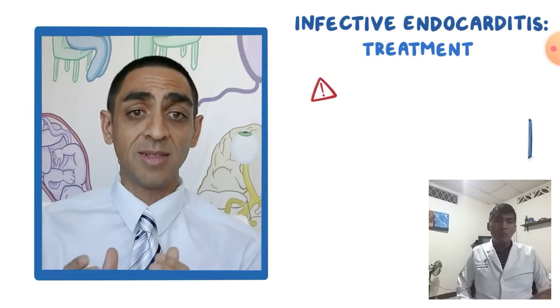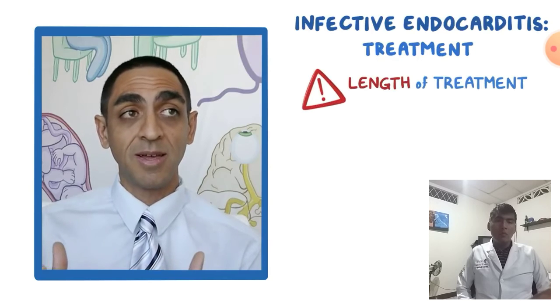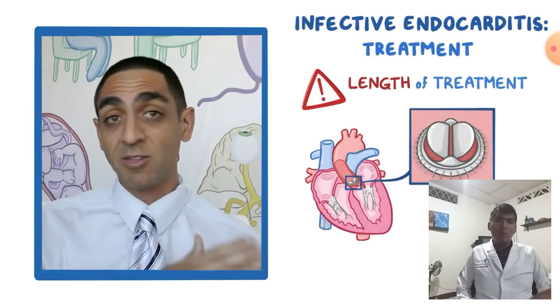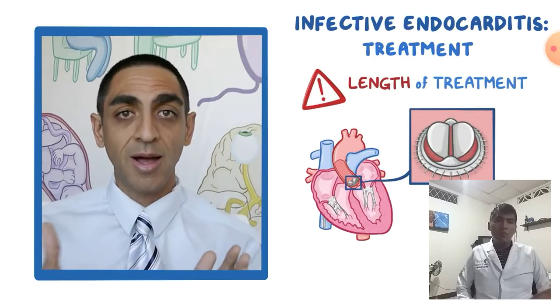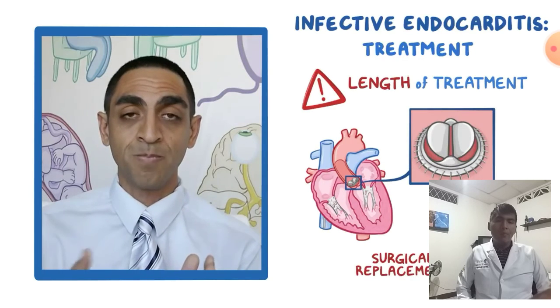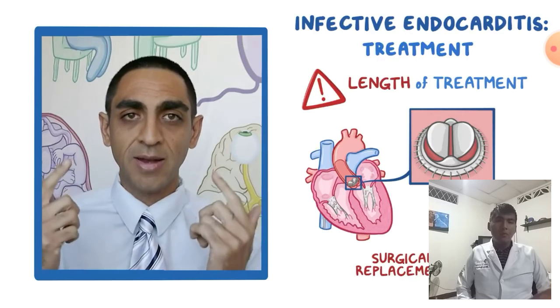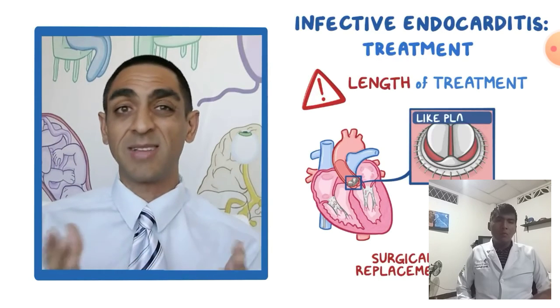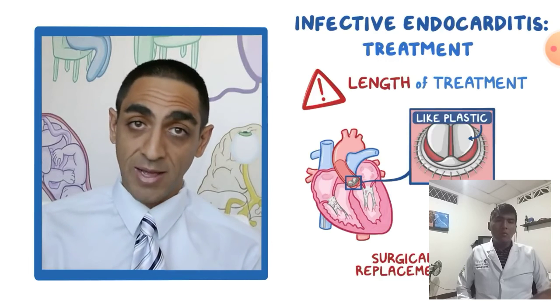The key, though, is the length of treatment. And I say the key because sometimes you have to treat for a long time. And with prosthetic valves in particular, sometimes you'll treat for a long time and it still won't work, and you'll have to get a surgical replacement done. I often think of prosthesis as being kind of like plastic, and antibiotics don't treat plastic very well.